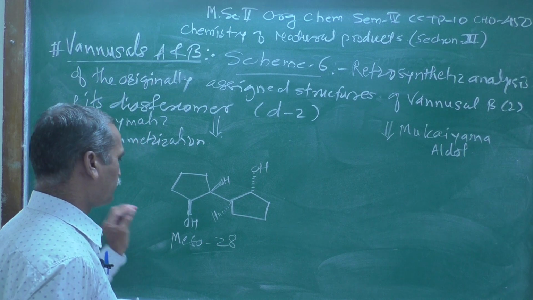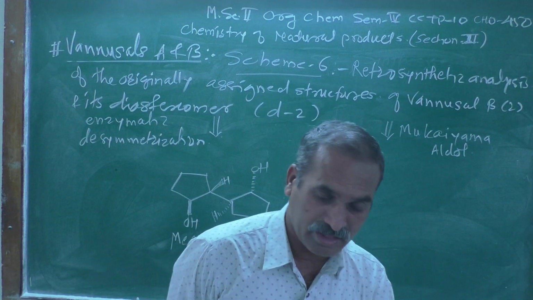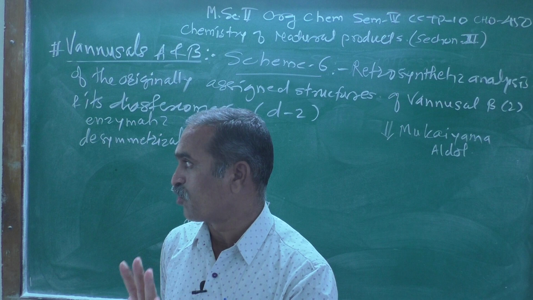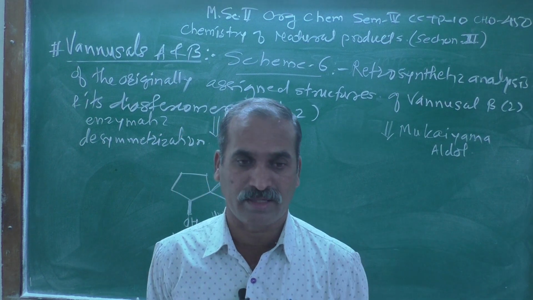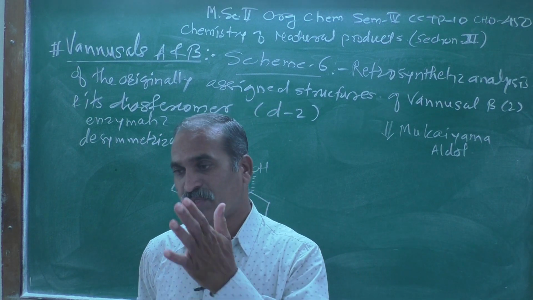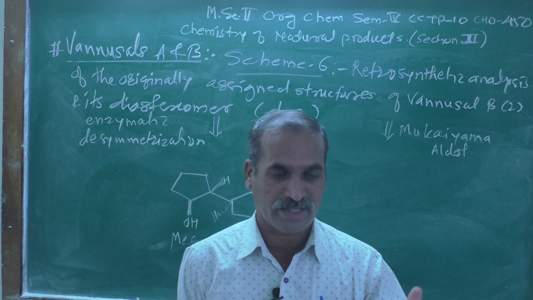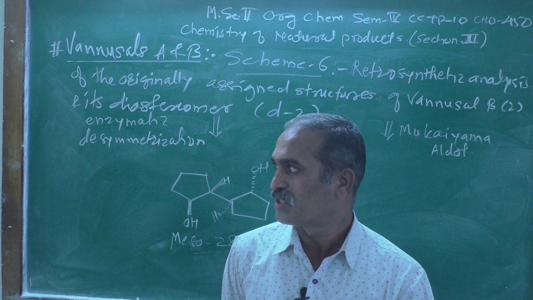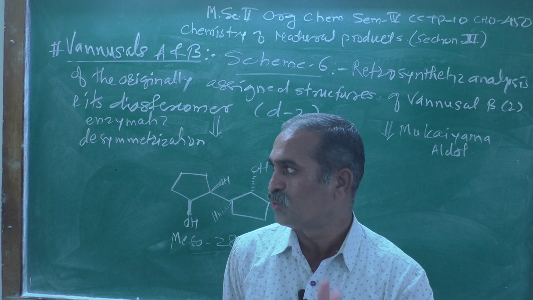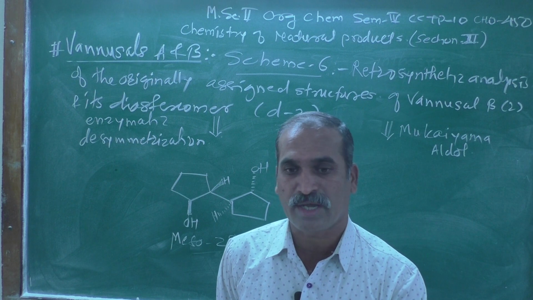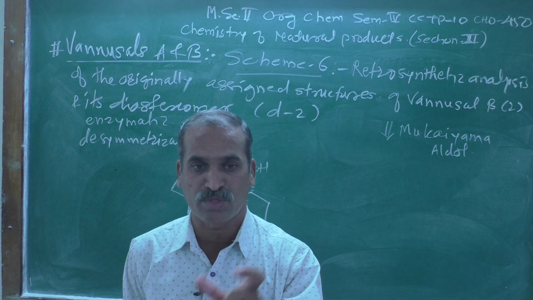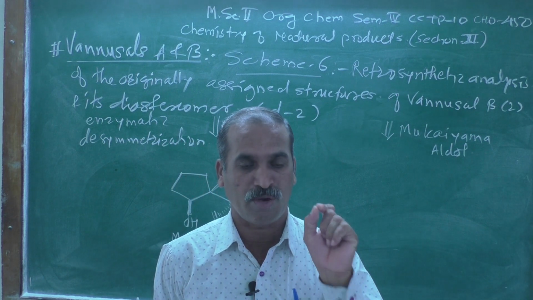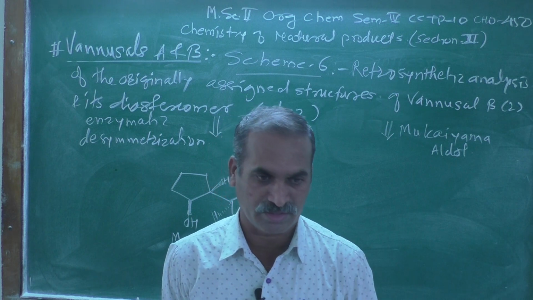this type of compound, even though it has chiral centers, there are 4 chiral centers, an even number of chiral centers, and if symmetry is present, like a center of symmetry, that kind of molecule is called a meso compound. Meso compounds are optically inactive in nature.